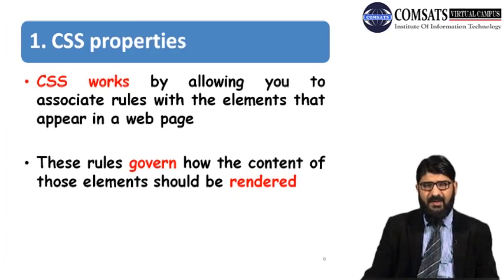So basically CSS की properties ही असल में वो particular control mechanism है जिसके ज़रिए आप इस बात का अंदाज़ा लगा सकते हैं कि वेब फॉर्म एलिमेंट्स को हमने वेब पेज पे कैसे डिस्प्ले करना है.